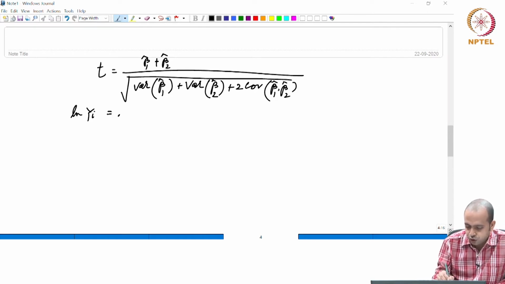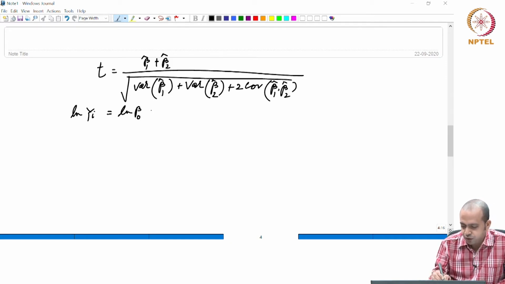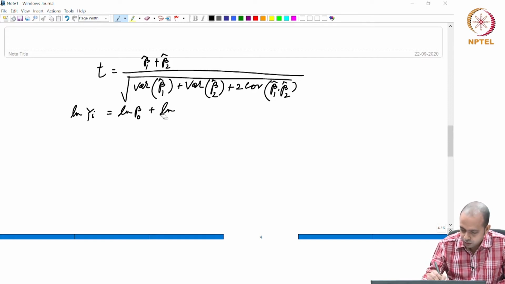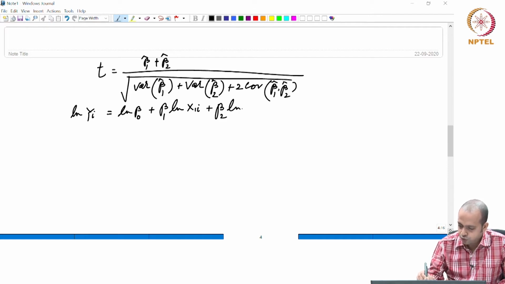equals log of beta 0 plus beta 1 log of x1i plus beta 2 log of x2i plus ui.